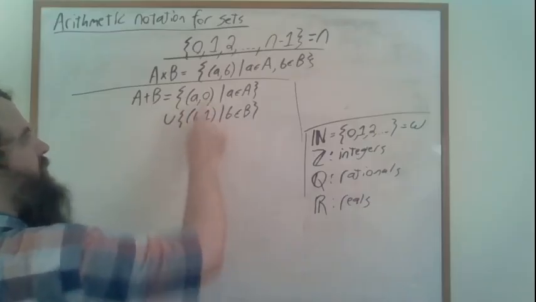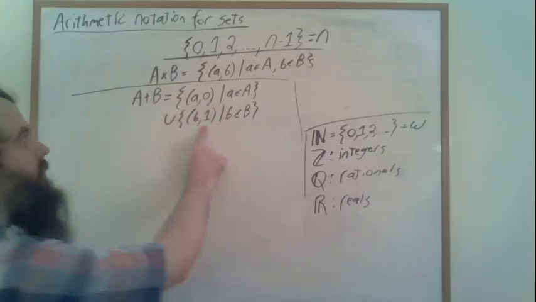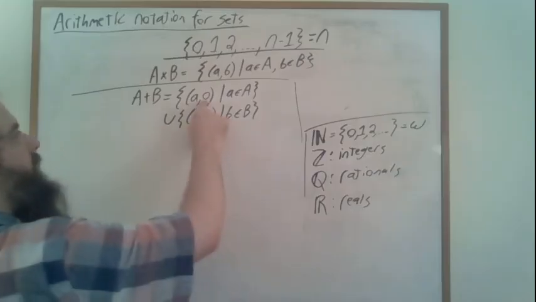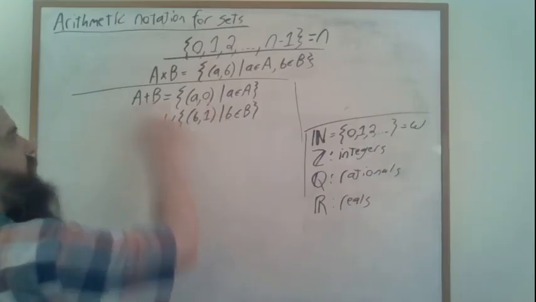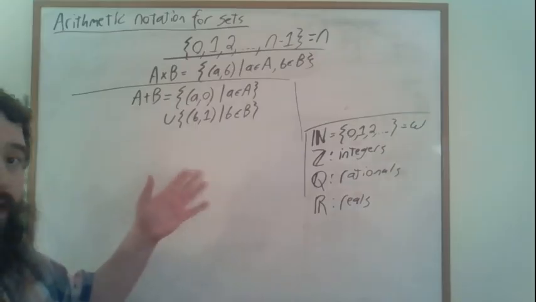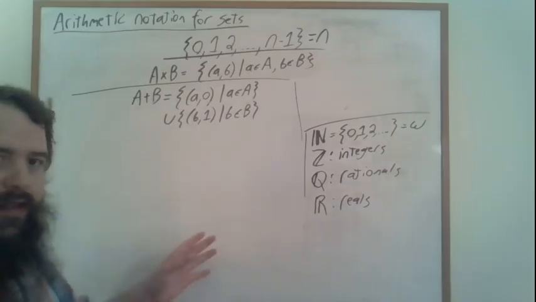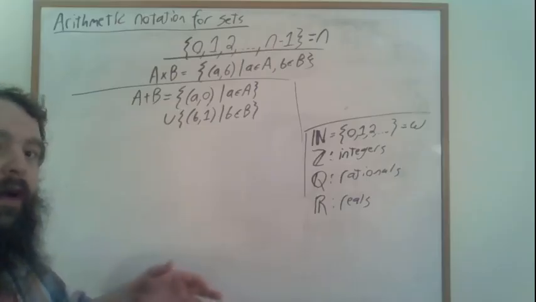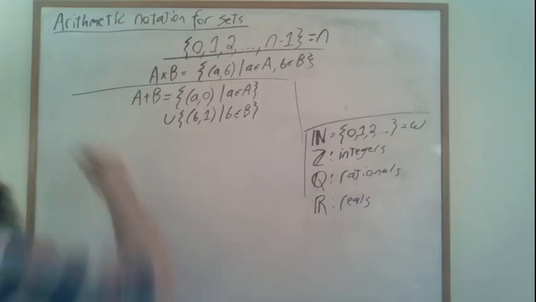This is the thing that corresponds to the color we had before, that tells us whether it comes from the first set or the second set. And this construction here, or constructions that essentially accomplish the same thing, are called disjoint unions.